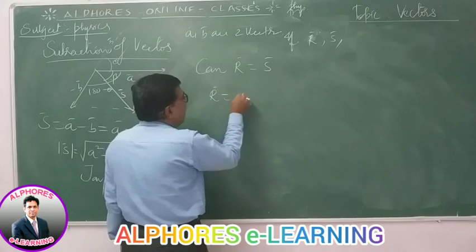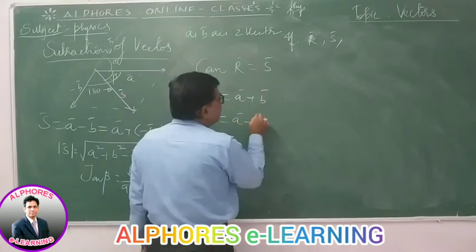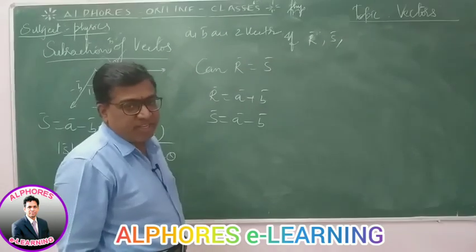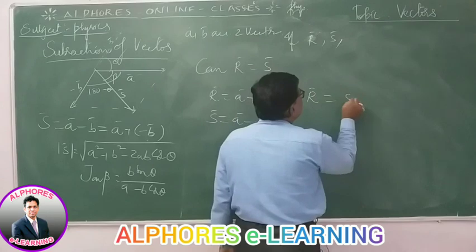We know R bar is A bar plus B bar and S bar is A bar minus B bar. So he is asking whether these two are equal or not. So can R bar be equal to S bar?